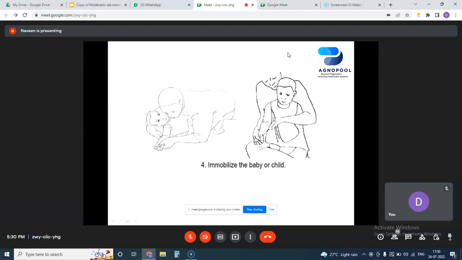If the child is held up, the parent can sit on the chair, and the child will be sitting on the lap of the parent.